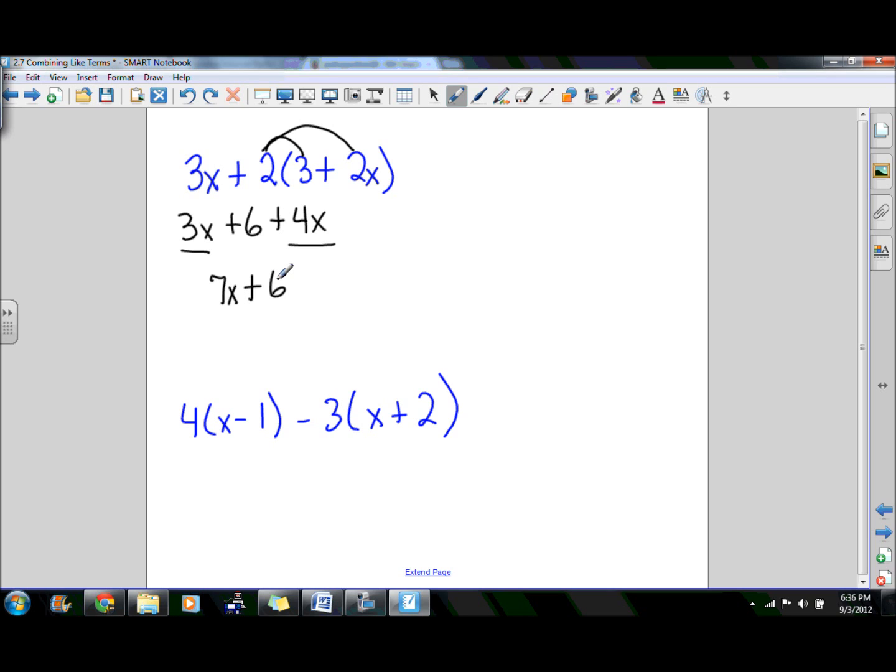Down here on the bottom, it looks like we have two distributive properties. The first one's pretty easy. It should just give us 4x minus 4. But the second one, this is where it gets really hard with distributive property. You have to distribute the whole negative 3. Not 3 with a negative up front, but a whole negative 3 needs to be distributed.